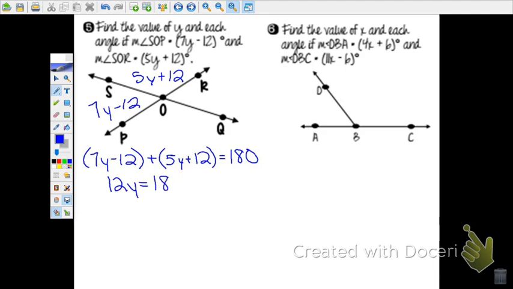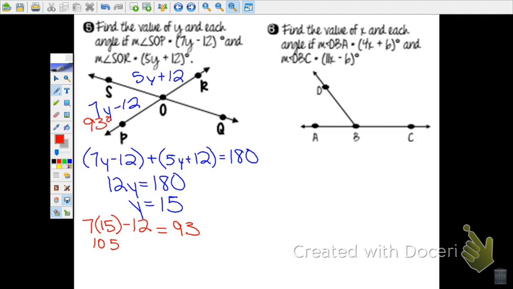12y equals 180. I divide by 12 to find that y equals 15. And then they want me to find the two angles. So 7 times 15 minus 12. 7 times 15 is 105 minus 12 is 93.